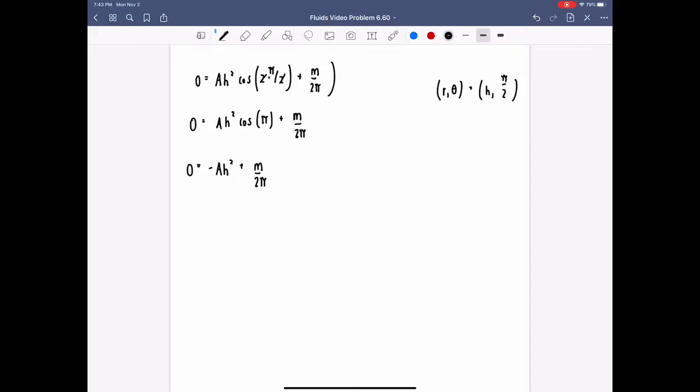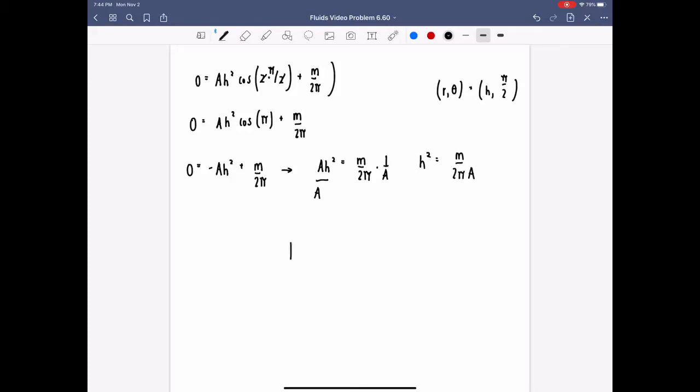You can bring the a h squared over. So you're going to get a h squared is going to equal m over 2 pi. Divide each side by a. So you're going to get h squared is going to equal m divided by 2 pi times a.